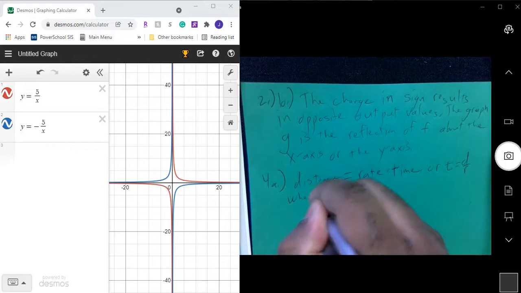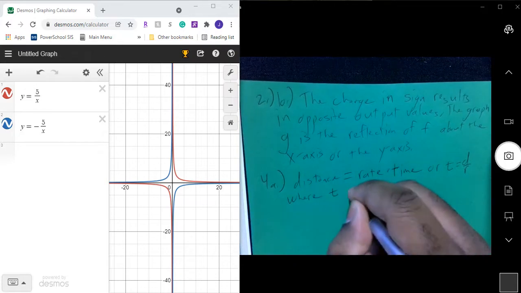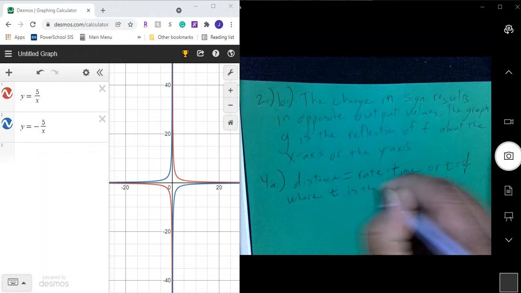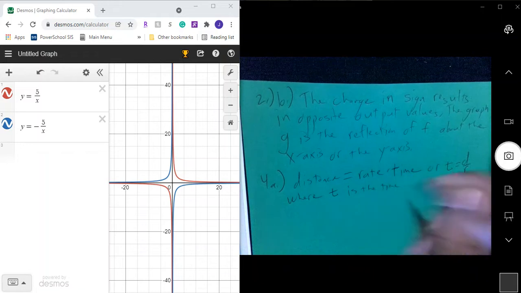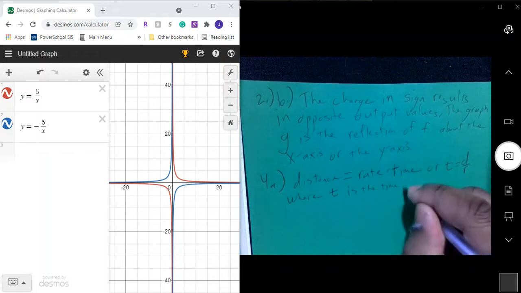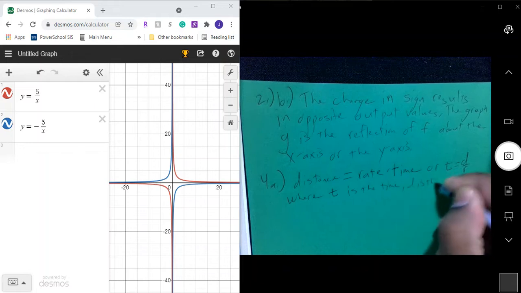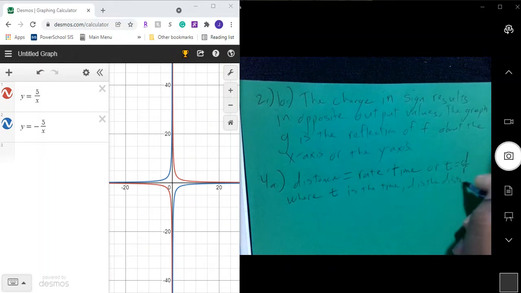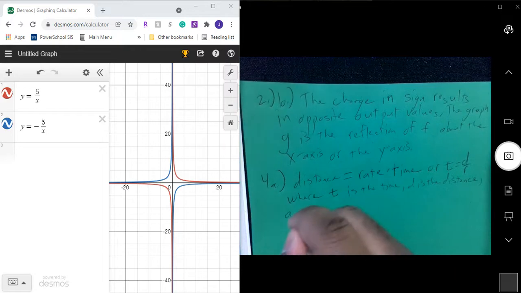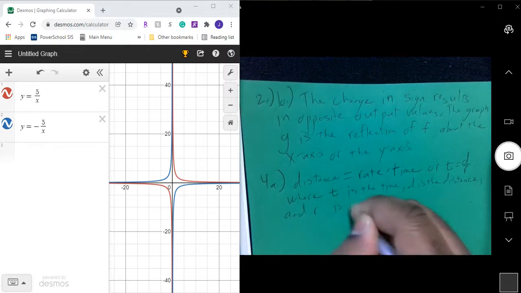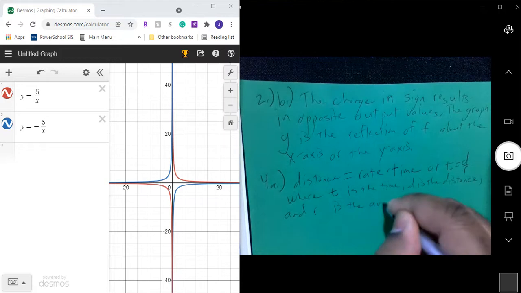And then of course, we could say where t is the time, so we can designate the values. And we know d is the distance, and r is the average rate.